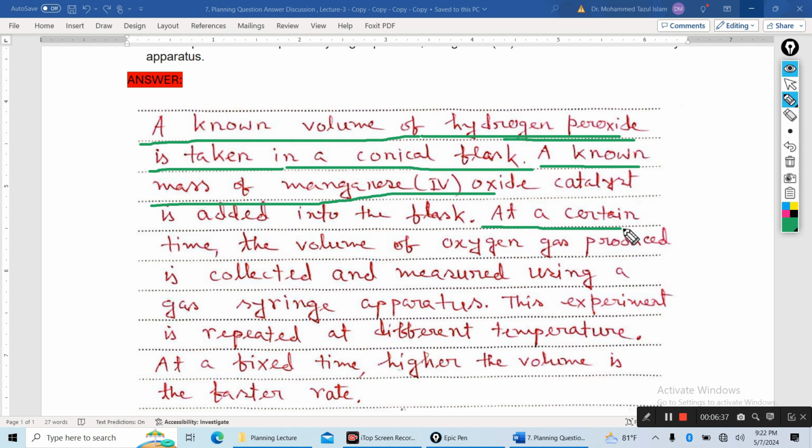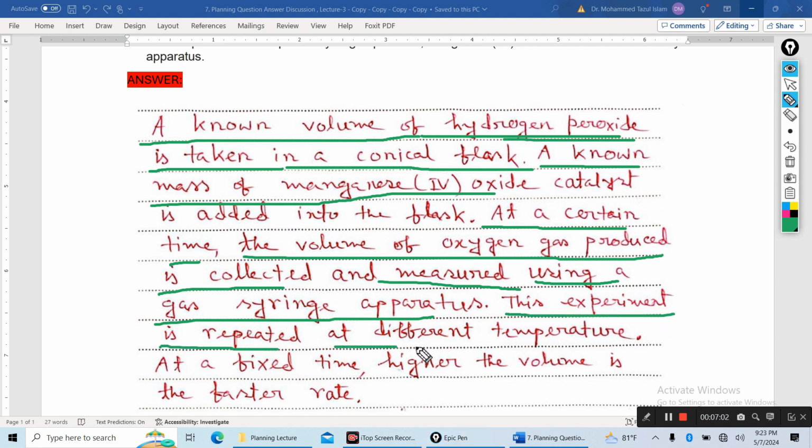Then at a fixed time, the oxygen gas produced is collected and the volume of gas is measured using a gas syringe apparatus. After that, this experiment is repeated at different temperatures. At a fixed time, the higher the volume of gas, the faster the rate.